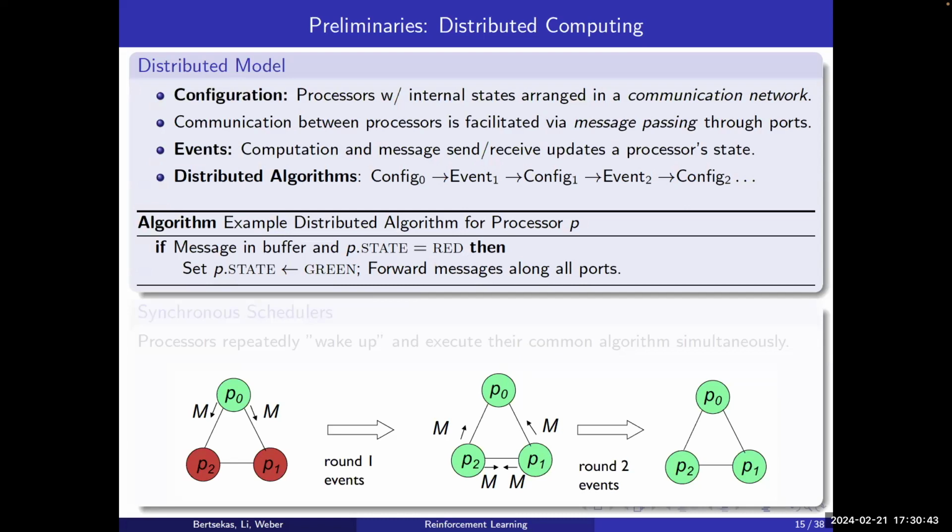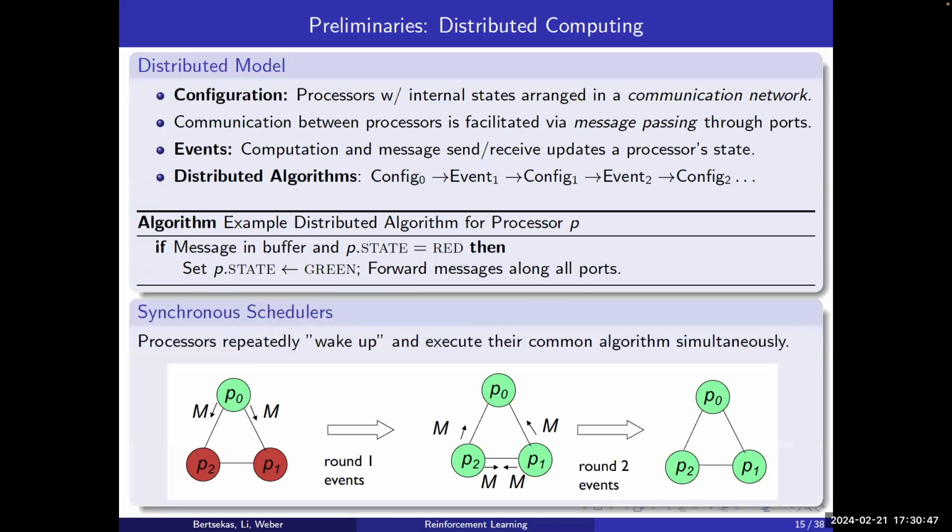But how do we decide who gets to execute these individual protocols? This is done by some kind of scheduler. A scheduler will choose a processor to wake up, or we use the term activate. And when a processor activates, it just executes this algorithm that it has available to it. A special case of a scheduler, there's many different kinds, but a really easy scheduler to analyze is called a synchronous scheduler.